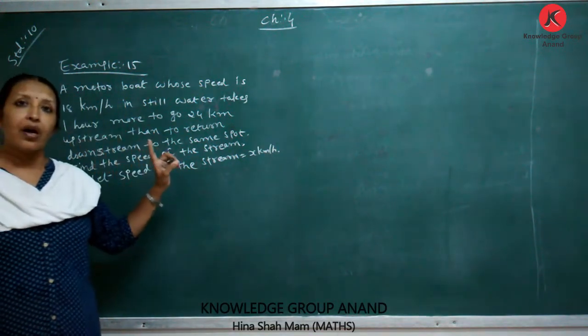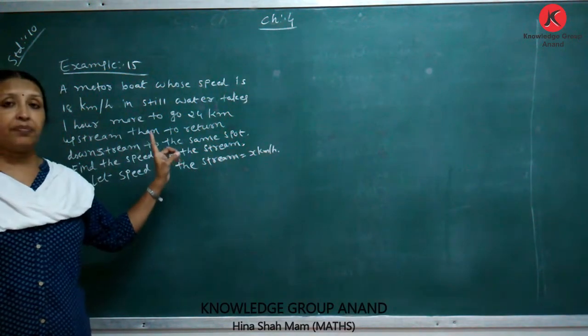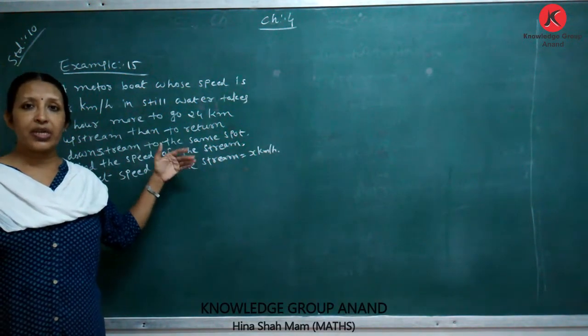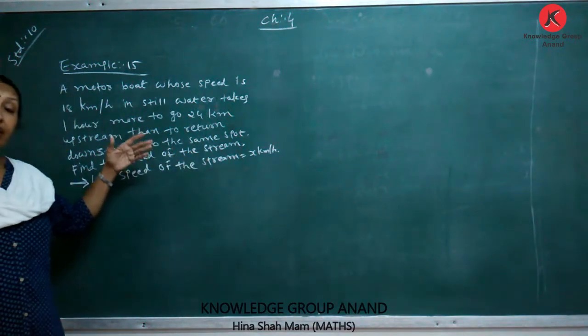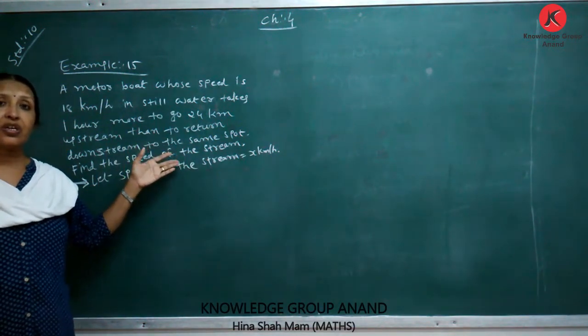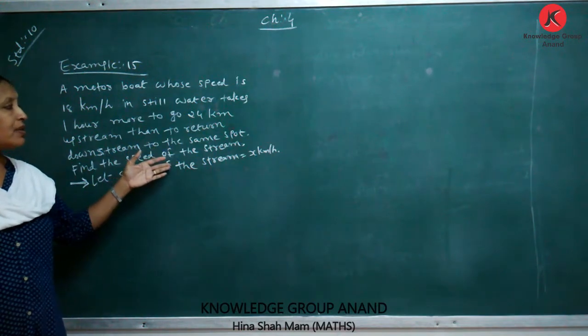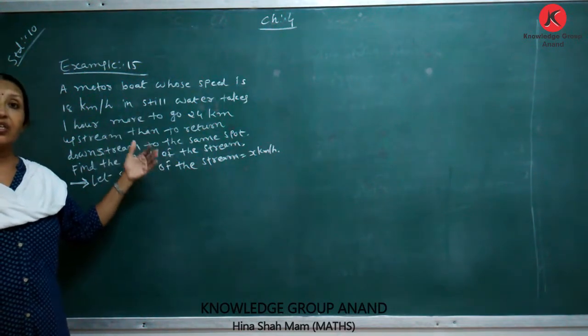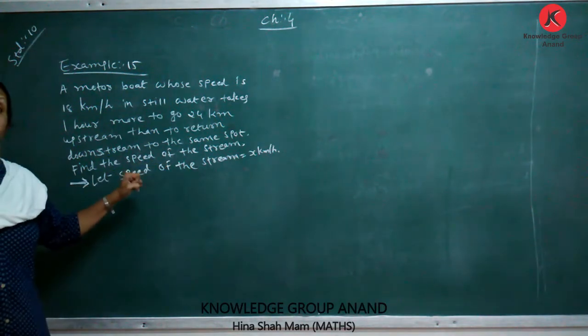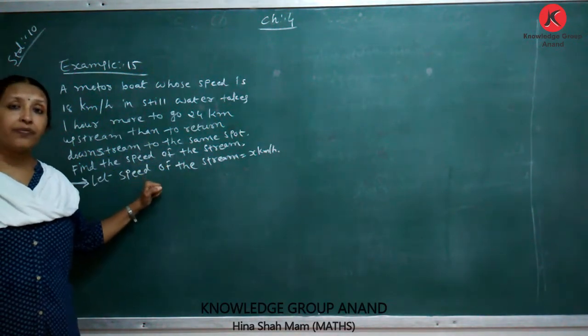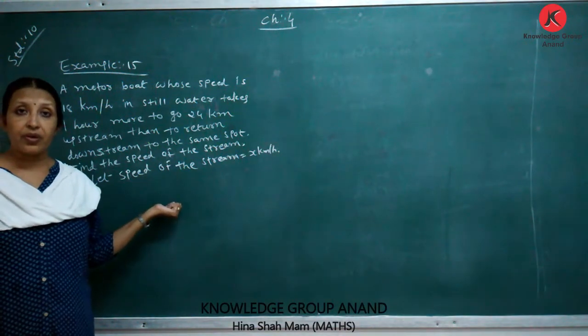You learn upstream, downstream questions, boats and stream, in linear equations in two variables in chapter 3, and also in chapter 4. Then you get confused whether it is a question of chapter 3 or chapter 4.